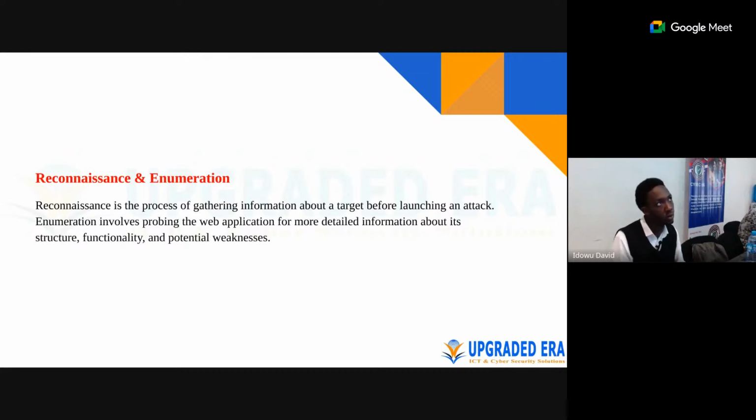This involves using open source materials, the likes of Google and social media, to gather information about the target. By doing such, you're not interacting with the target, so you are gathering information passively.